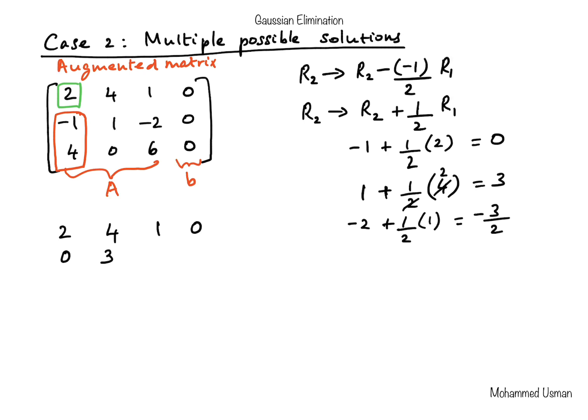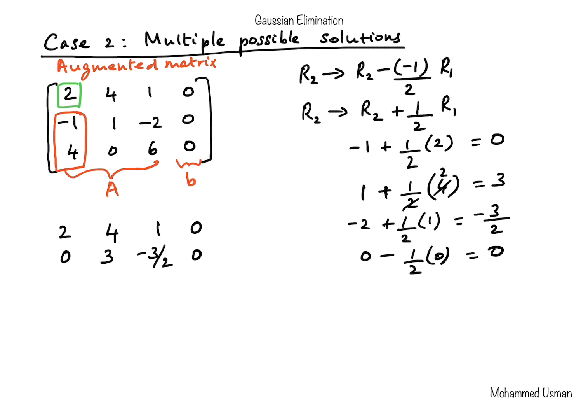You can work out that calculation. So that becomes minus 3 upon 2. And the last number would be 0 plus 1 by 2 into 0. That will obviously give us 0, so that remains unaltered. So we have converted this position into 0. Okay, and whatever transformation we are applying to this number, the same transformation has to be applied to the entire row. Okay, next we want to convert this 4 to 0 using this 2 as our pivot.